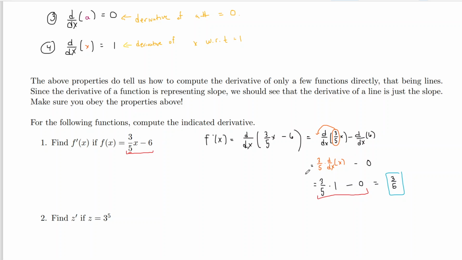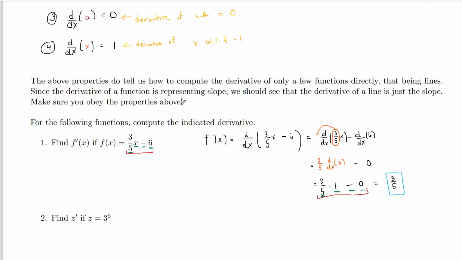So the 3 over 5 ends up staying. Wait, let me use a different color to color code this. So that 3 over 5 pretty much ends up staying. The x, what is the derivative of x? Well, that's just 1. Minus, that just stays as a minus. And then the derivative of 6, because that's a number, is just 0.